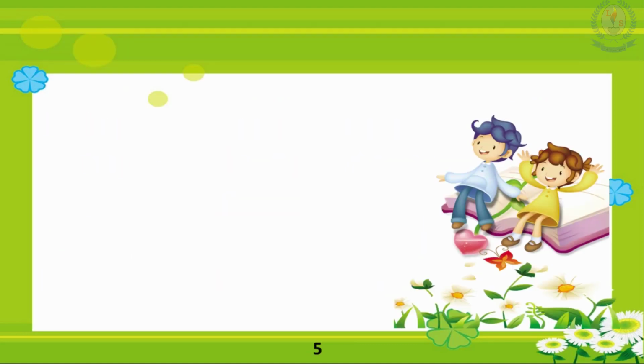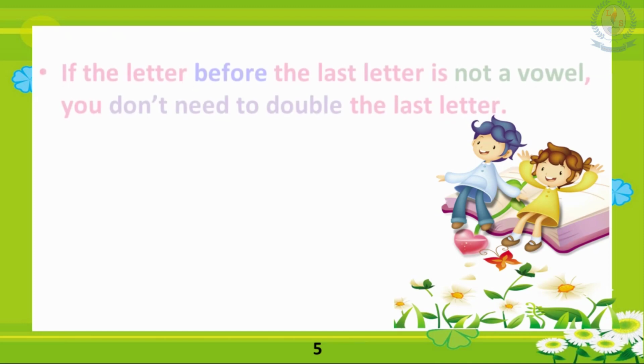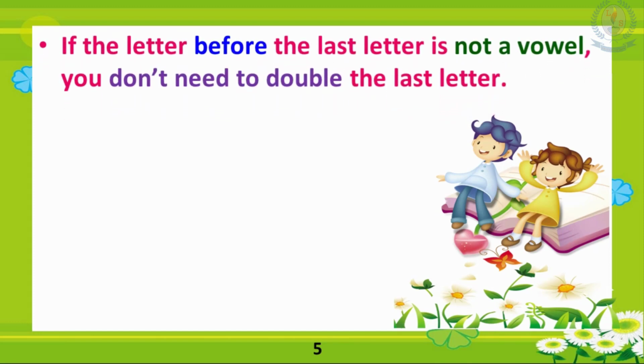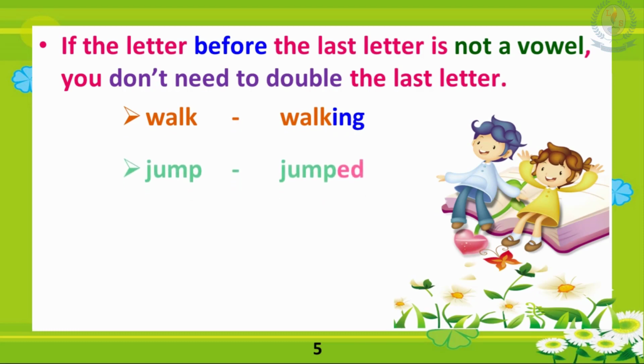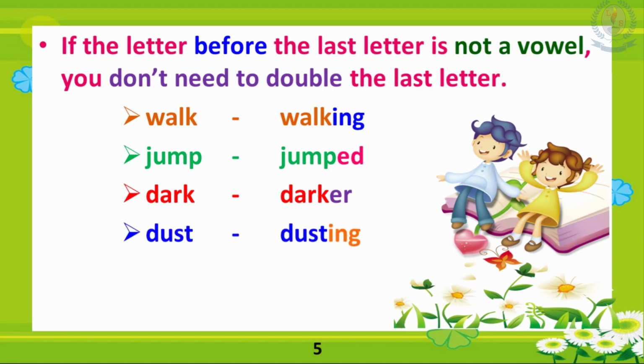Okay, dear kids, let's read the next rule to learn how to add ing, er and ed. If the letter before the last letter is not a vowel, you don't need to double the last letter. Walk, walking. Next one, jump, jumped. Next one, dark, darker. Next one, dust, dusting.